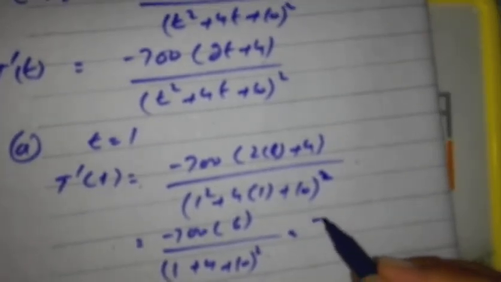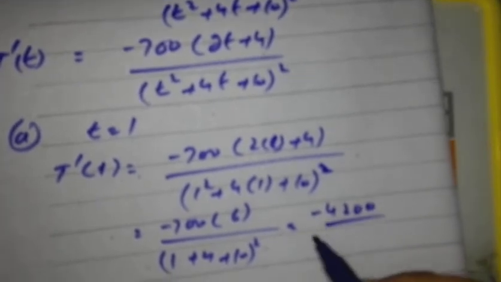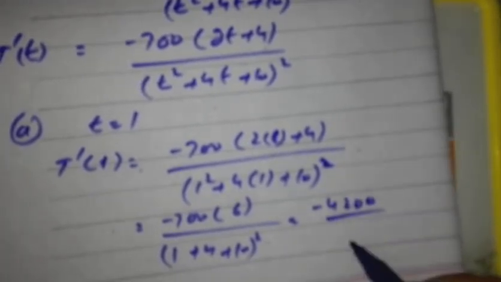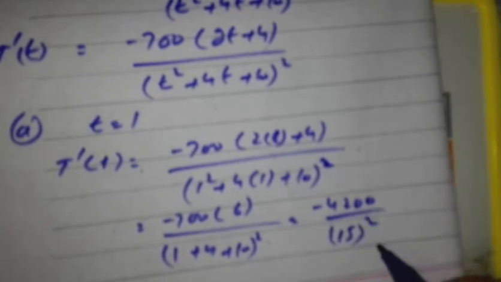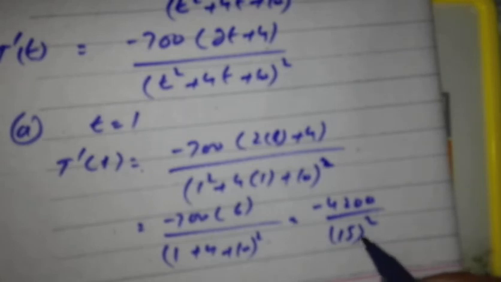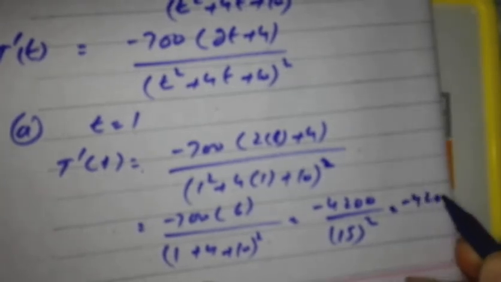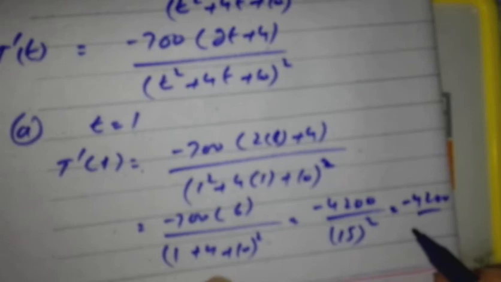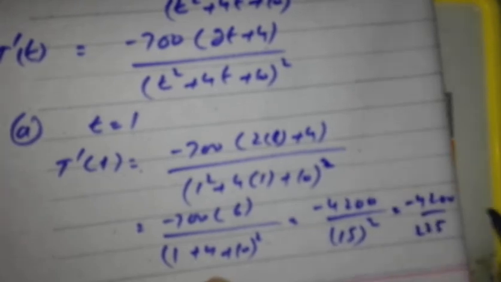So 6 7s are 42, minus 4200 over 15 square. 15 15s are 225, so minus 4200 over 225. This is T prime of 1.